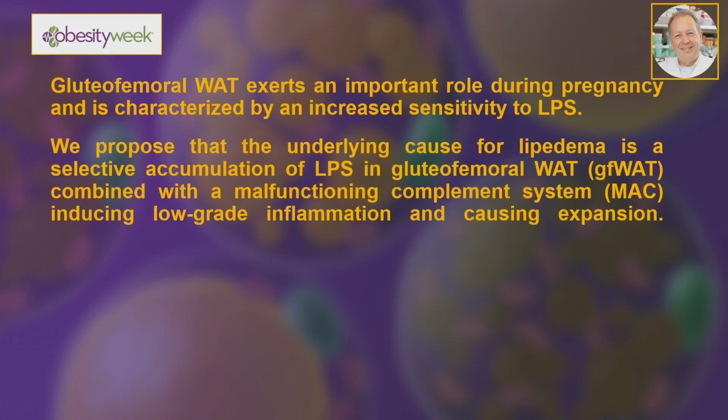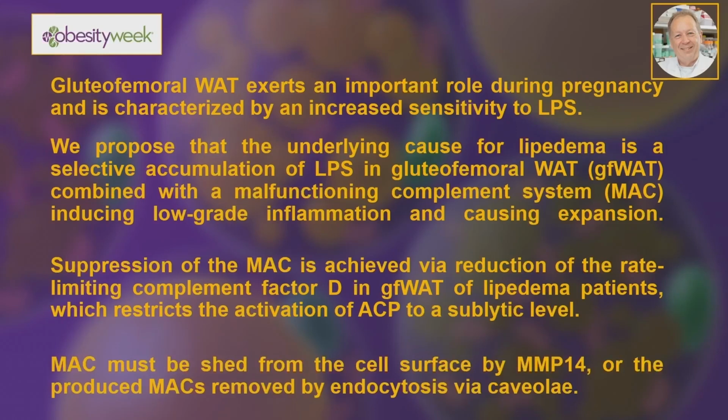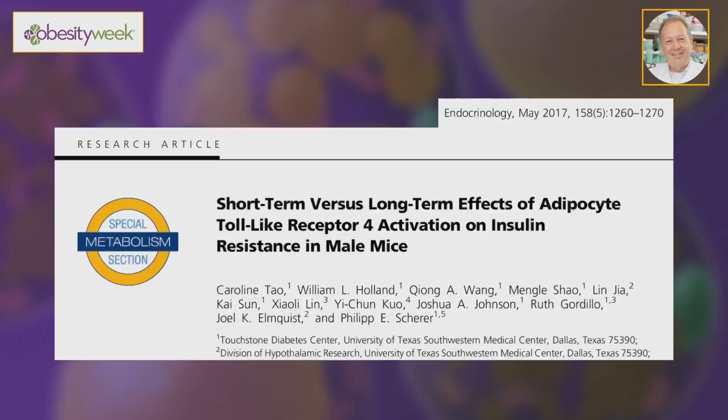We know that, for instance, during pregnancy, endotoxin levels in circulation go up, and they will reach higher levels in circulation, including in fat, and that we would postulate, based on a bunch of additional data, that this leads to an expansion of adipose tissue and affects this membrane attack complex in a negative way as well, leading to hyperproliferation, hyperplasia, and hypertrophy of some of these structures in adipose tissue.